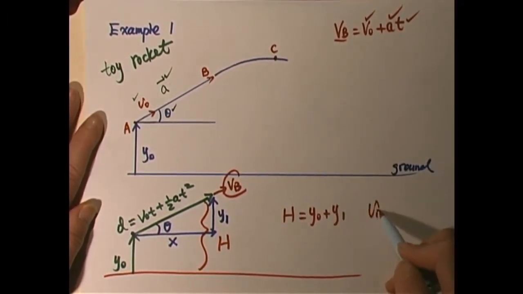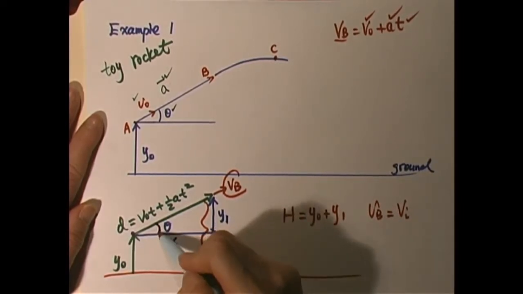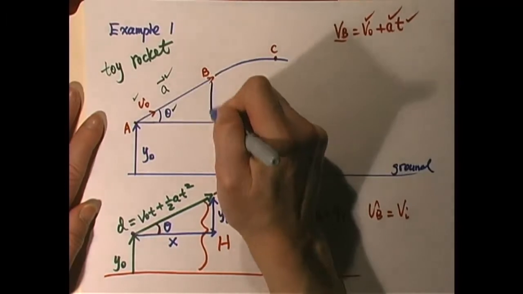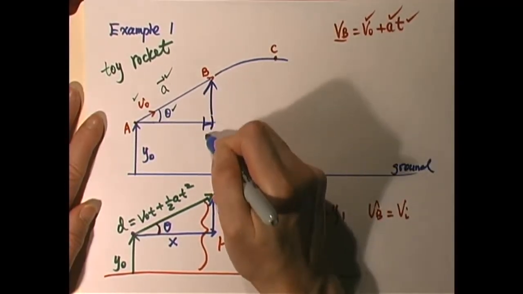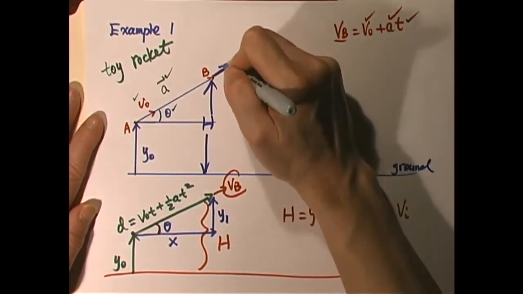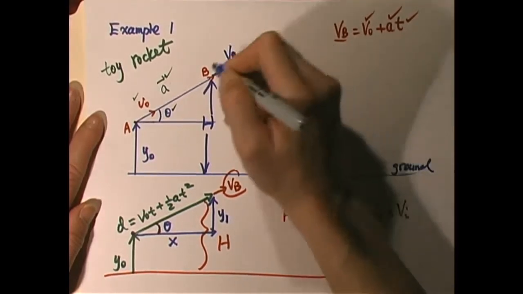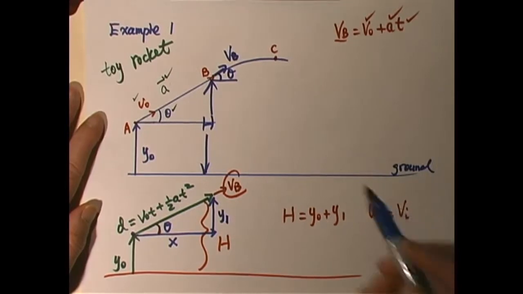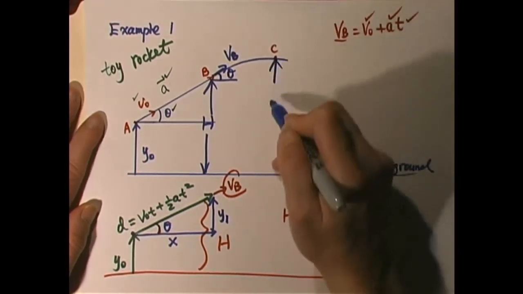Now VB is equivalent to the V initial, and angle theta still holds. So it just translates to a problem with capital H meters above the ground with such an initial velocity called VB at an angle theta with respect to horizontal.